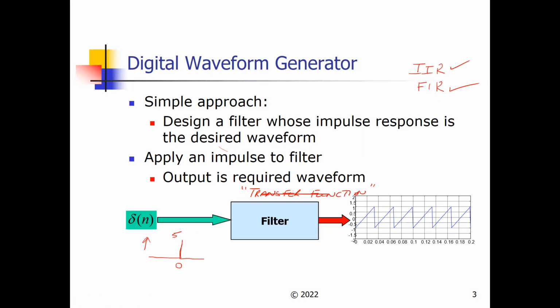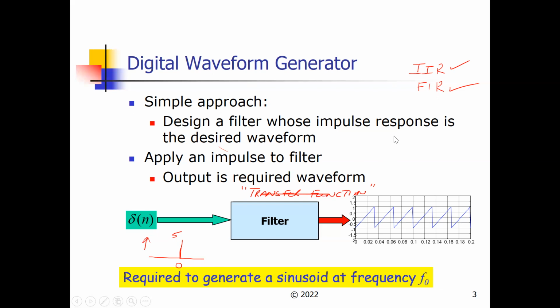Just a single value of logic 1 comes in, and then the filter does its job. Now, if the output of that is a particular waveform, then we have a way of generating, for instance, a sinusoid. And let's see how that works.